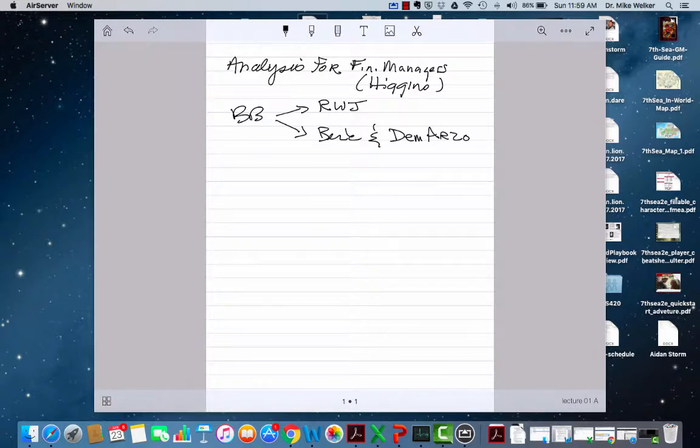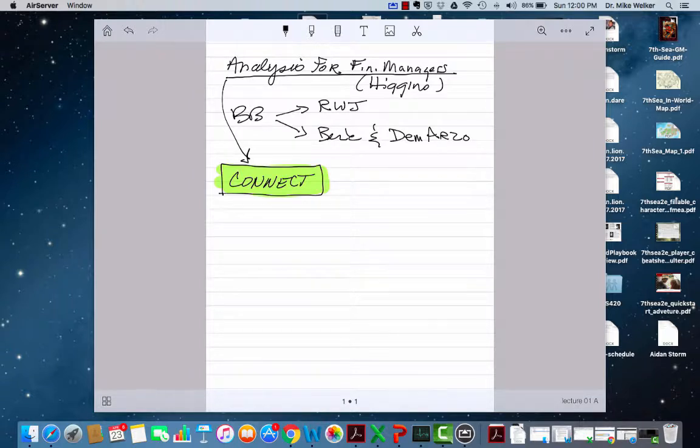Primarily note that this book, Analysis for Financial Managers, is what you're going to use when you're dealing with Connect. The McGraw-Hill learning modules are a series of quizzes, and those quizzes really help you learn, I think. So what we're going to deal with is lecture notes.